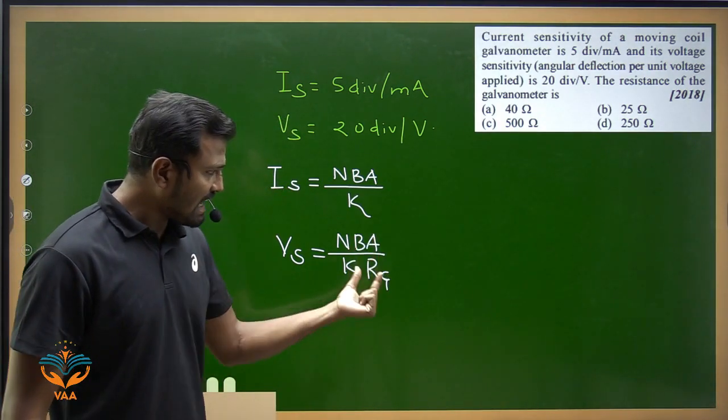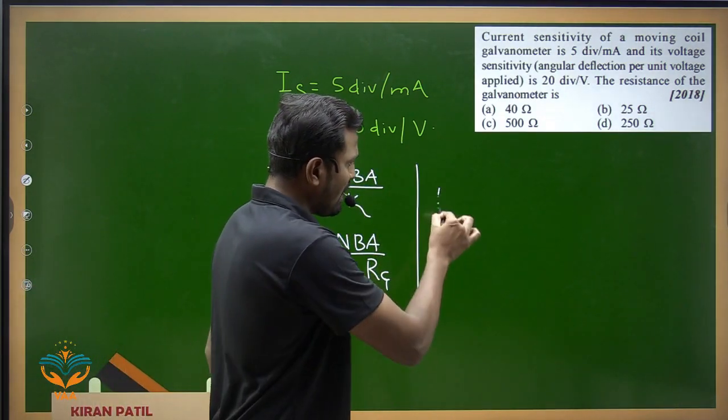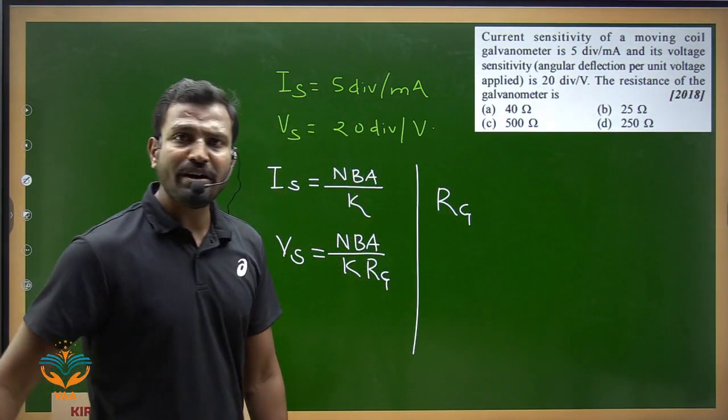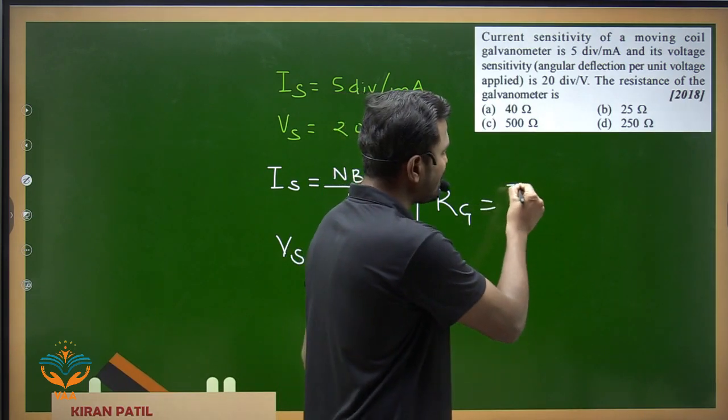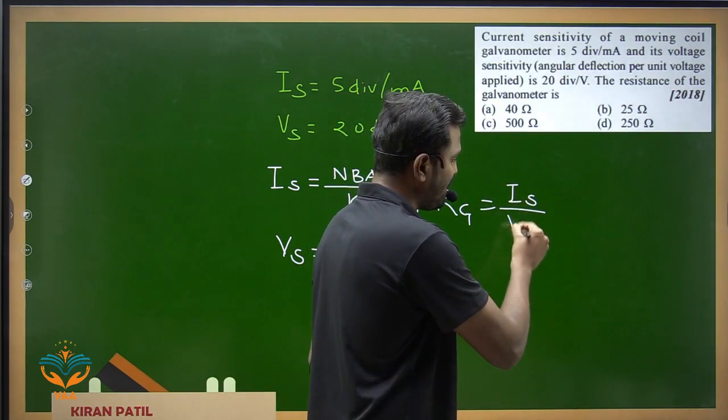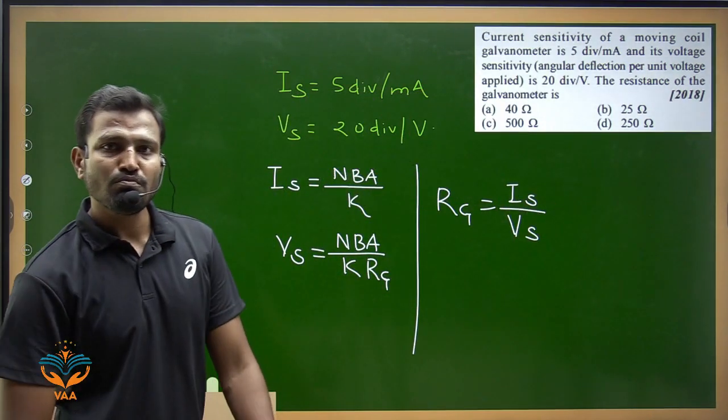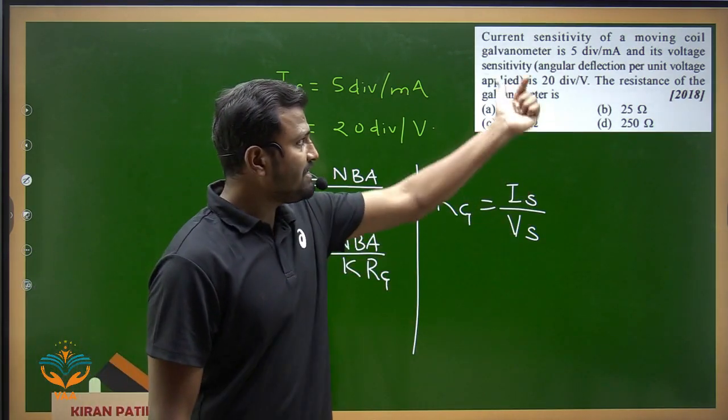So if we simplify, I want the value of RG. If I divide these, RG goes in the numerator. So RG, the resistance of the galvanometer, is simply the current sensitivity divided by the voltage sensitivity. They have given me the current sensitivity.